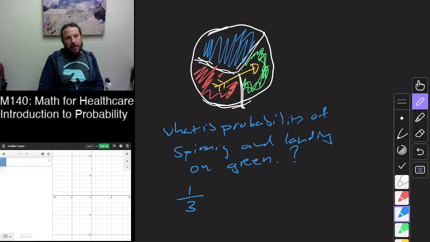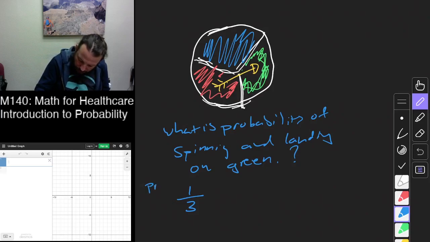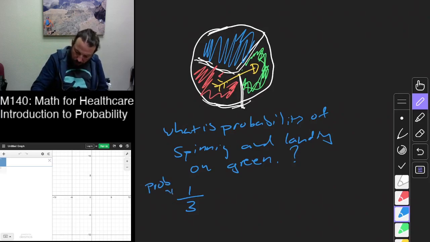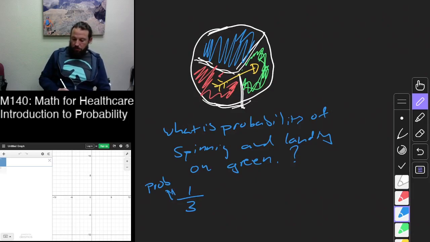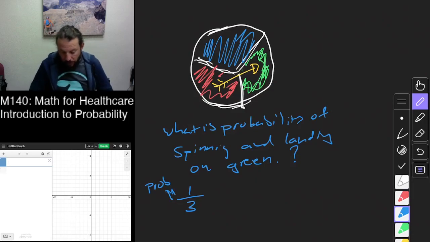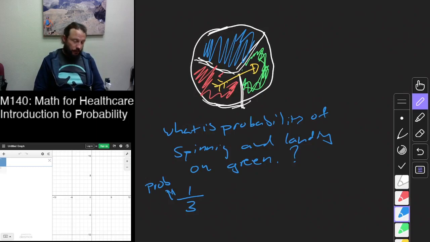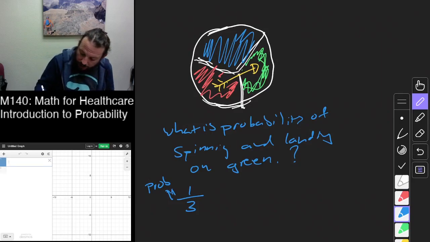Now, what does this have to do with sets? Well, the way most of us would do that is to ask what we are counting. We're counting the size of the set of all possibilities, which is blue, red, green.